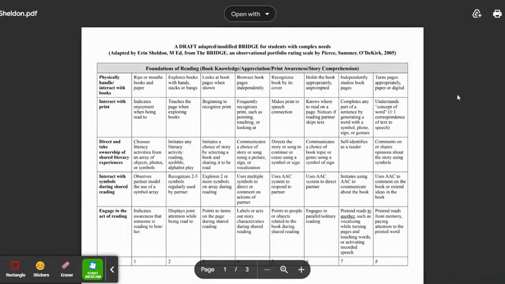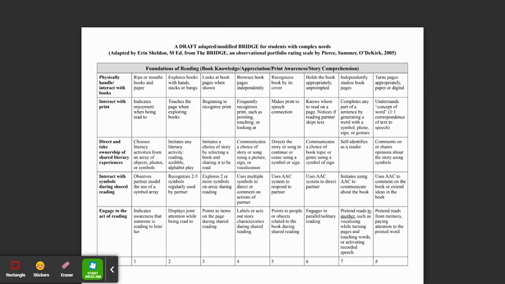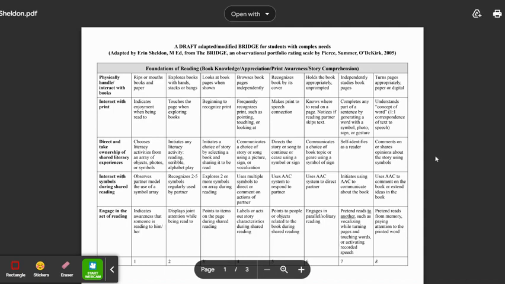This week's resource is one for my data taking teachers and staff. This resource is called the Modified Bridge or Adapted Checklist for Students with Complex Communication Needs in relationship to reading and literacy and some other areas. What I love about this resource is that it really breaks it down into 8 stages.